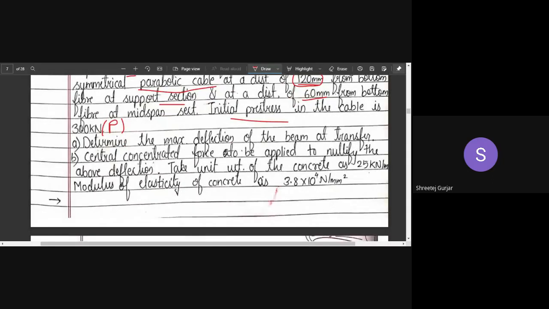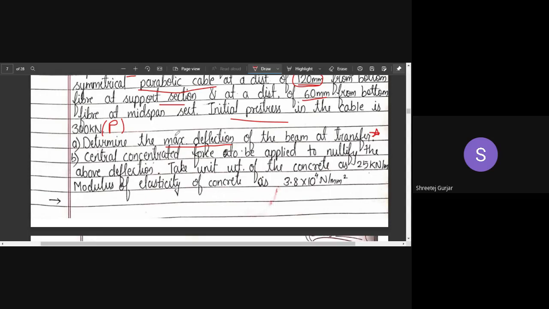We have to determine the maximum deflection at transfer. And the central concentrated force to be applied to nullify the above deflection. No live load is given to us. What we have to do is determine the concentrated load to be applied at the center of the span to nullify the above deflection.